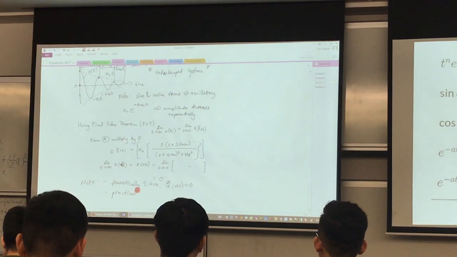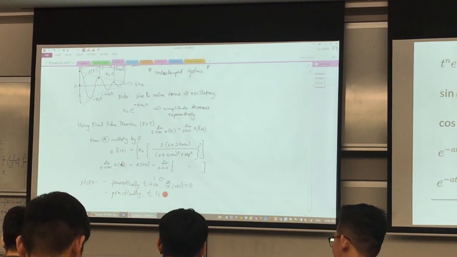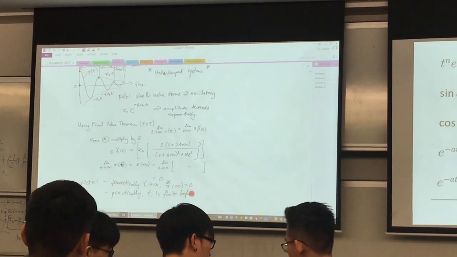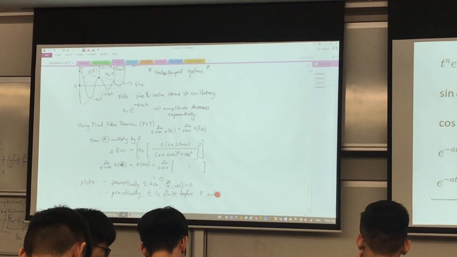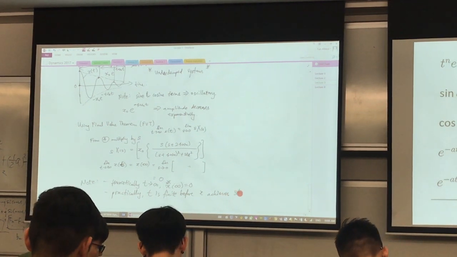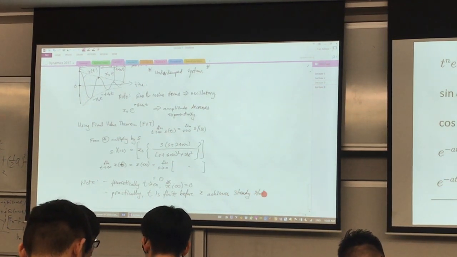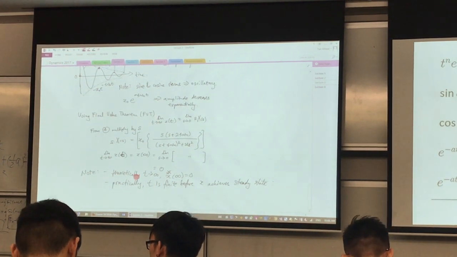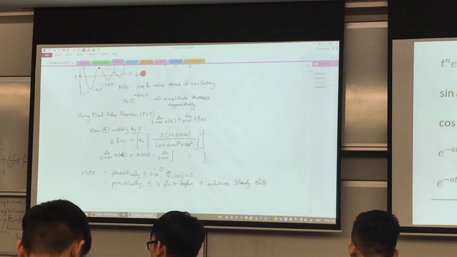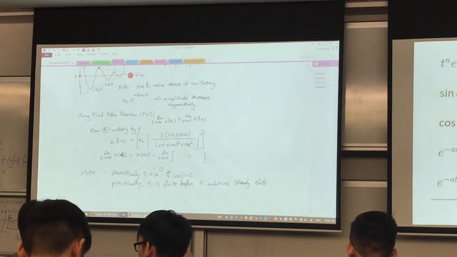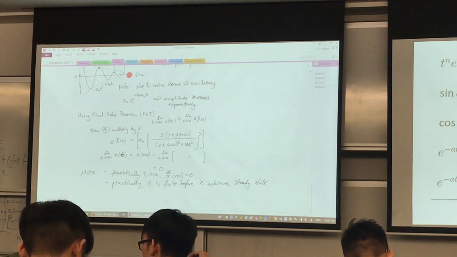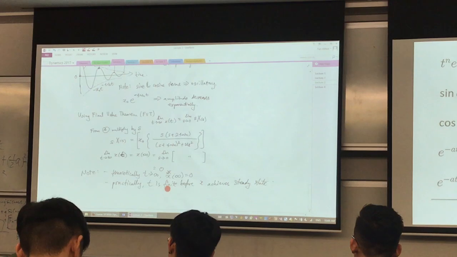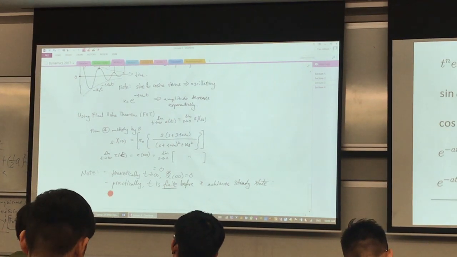However, practically, t is actually finite before x achieves steady state. We wouldn't need to wait until time is equal to infinity. There will be a certain finite amount of time where we consider the system to have more or less come to a rest. So in reality, it's actually a finite amount of time.